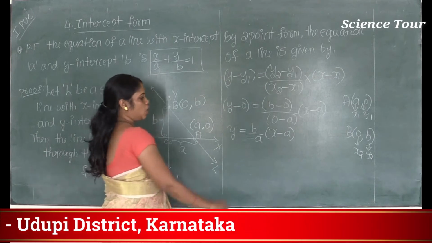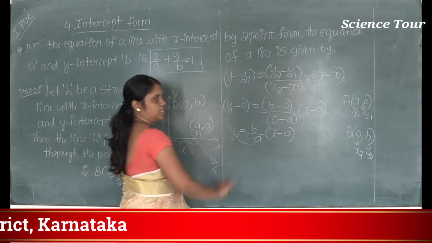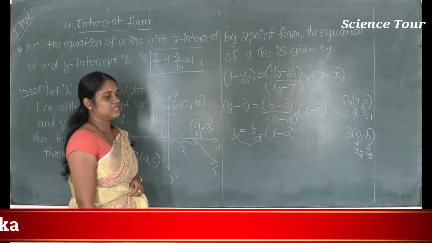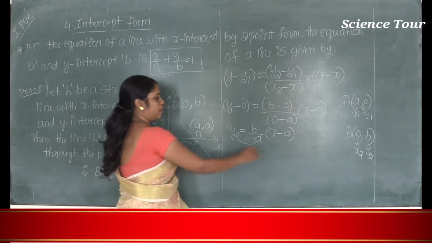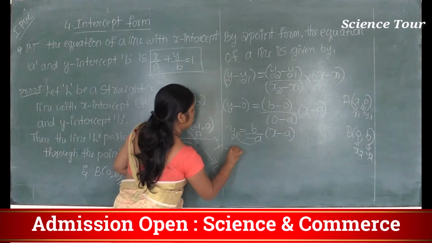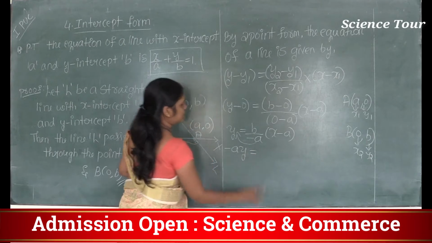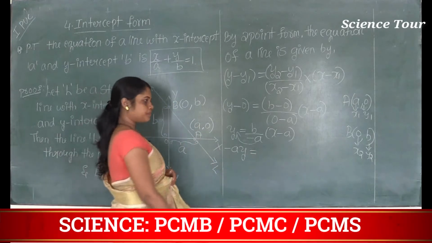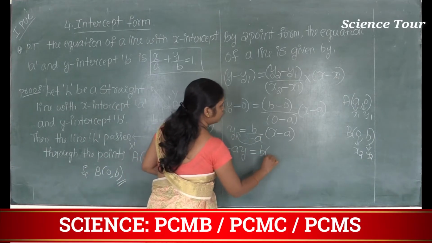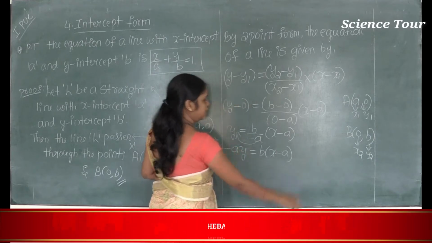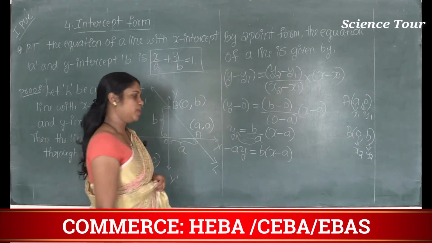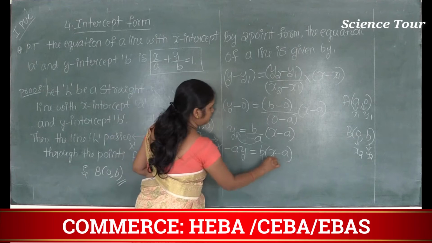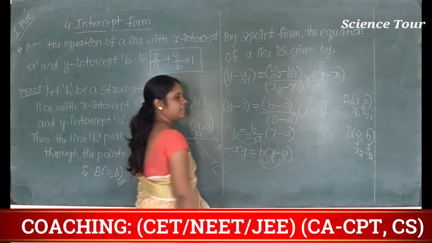Now this denominator minus a will multiply with this y. So minus a into y is nothing but minus ay, equal to b into x minus a. Now multiply this b with the x and b with the minus a.